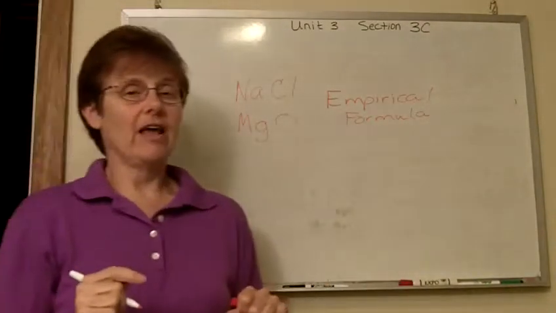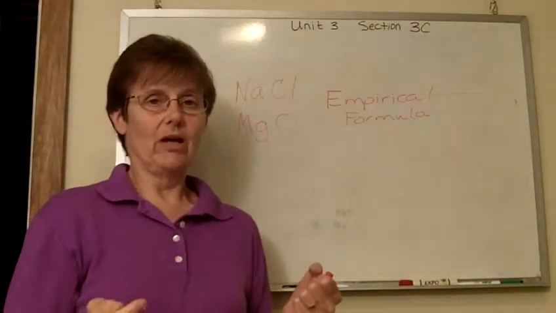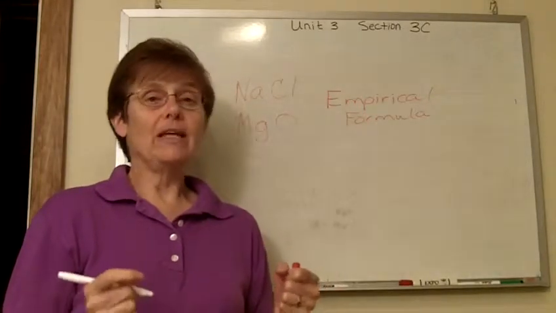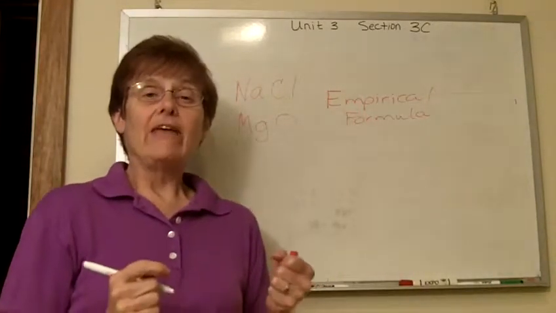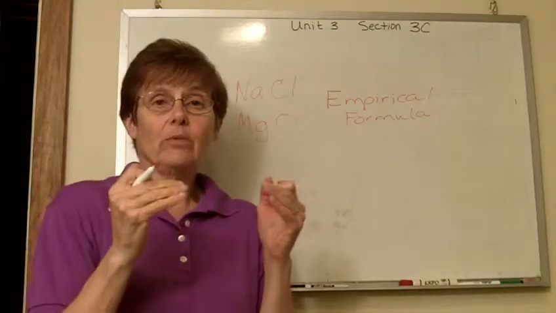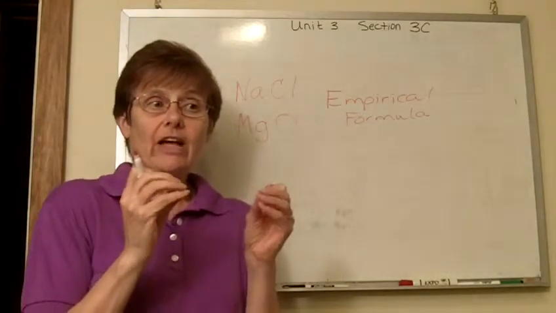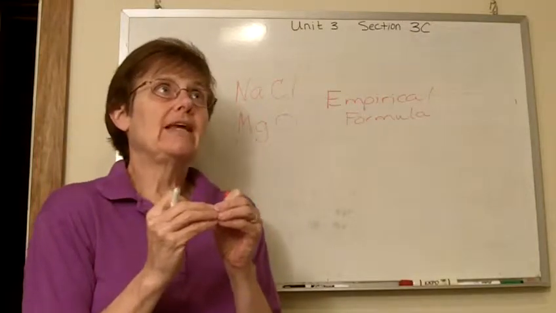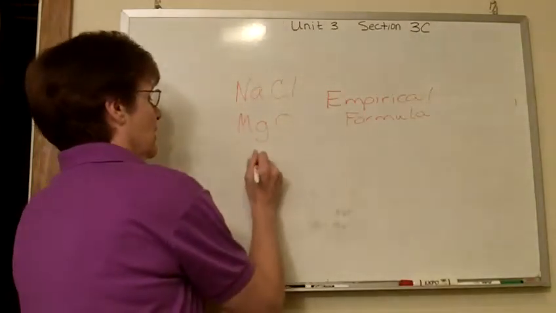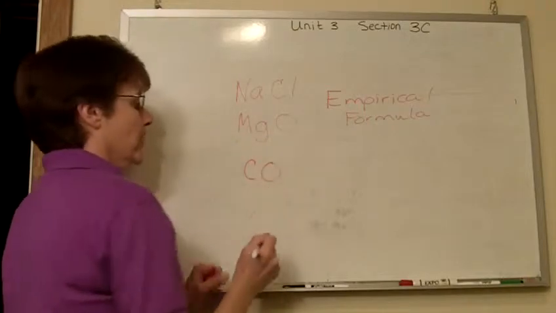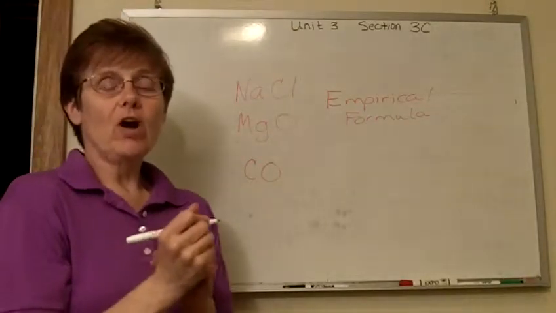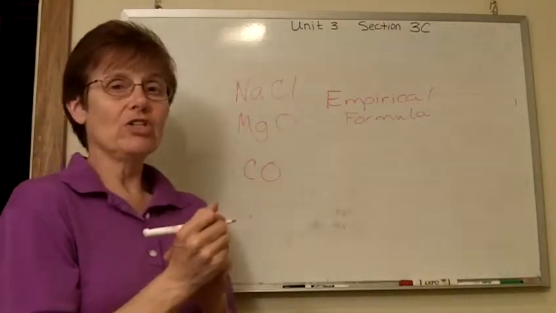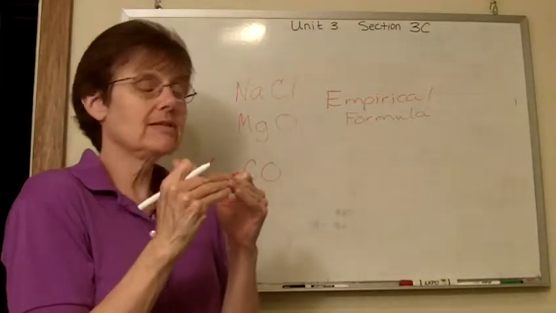Now, in contrast to that, if we have a molecular compound, those do form individual molecules. And those molecules are held together with bonds where electrons are being shared. So let me give you an example of CO, for example. So carbon monoxide, the carbon and the oxygen are sharing some electrons.